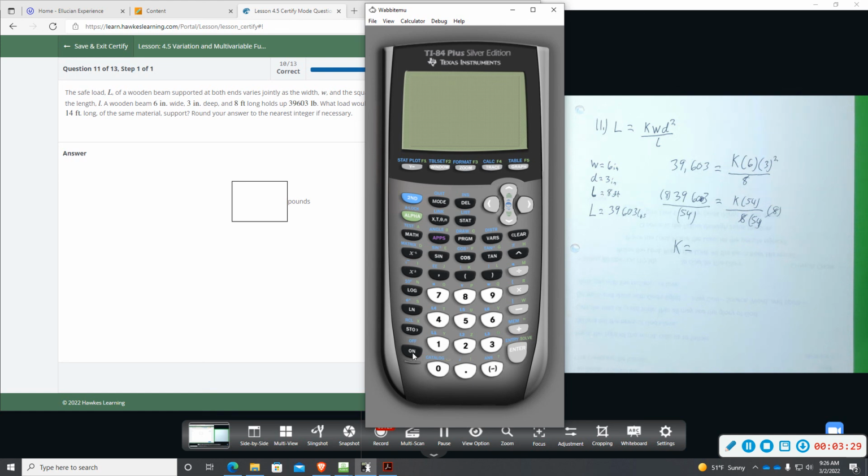Those are big numbers. We're going to clear and do 8 times 39,603. And then we're going to divide that by 54.